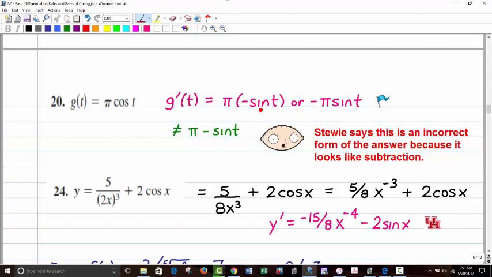You need to either use parentheses to indicate that's multiplication, or even better, just take the negative all the way out in front, and you don't have to use parentheses at all then. Because Stewie says the answer in green looks like subtraction, so if you were handwriting the answer, how would I know whether or not you knew it was multiplied, or how do I know that you might not think pi minus sine of t? I have no way to know that you know what the correct answer is.